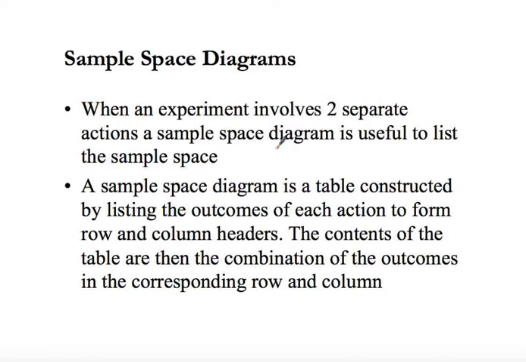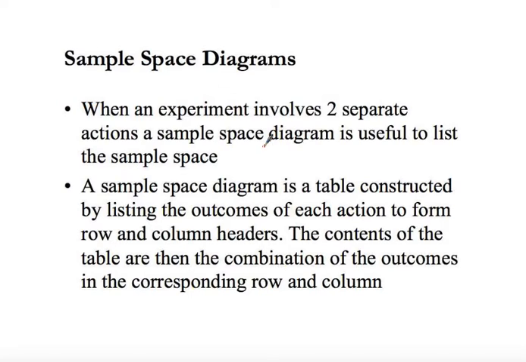So a sample space diagram: when an experiment involves two separate actions, the sample space diagram is useful to list the sample space. So perhaps that involves rolling two dice, flipping two coins, flipping a dice and a coin, spinning a spinner and rolling a dice, all sorts of different combinations of things. But we're talking about combining two separate experiments together and listing their outcomes as a combination.